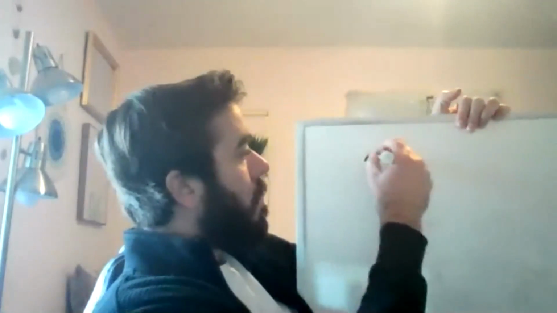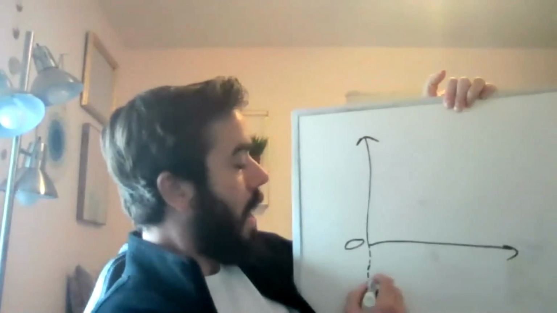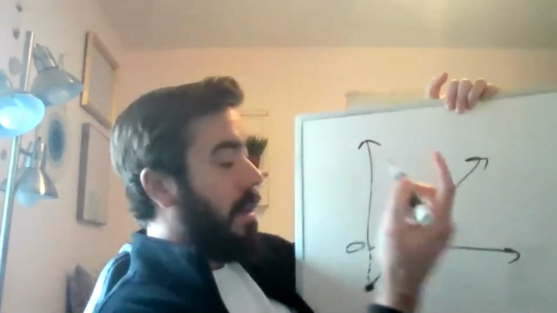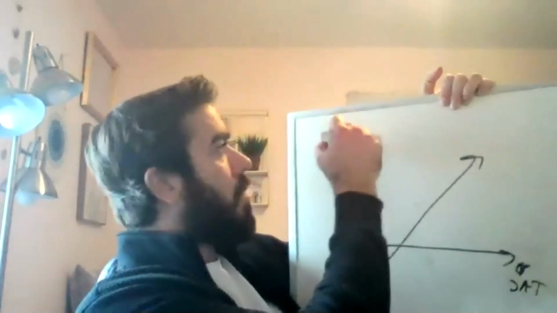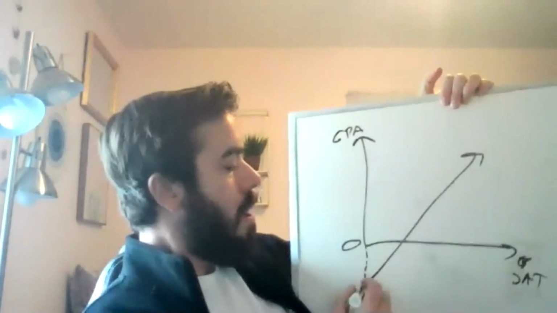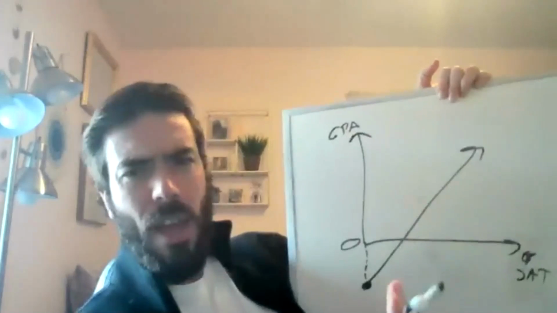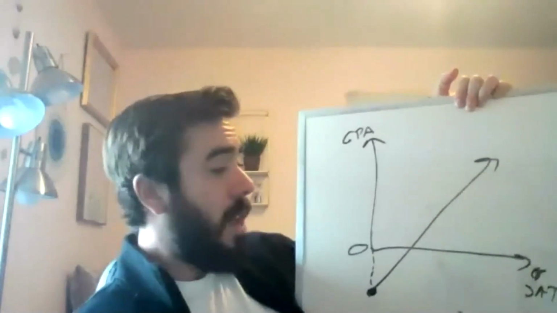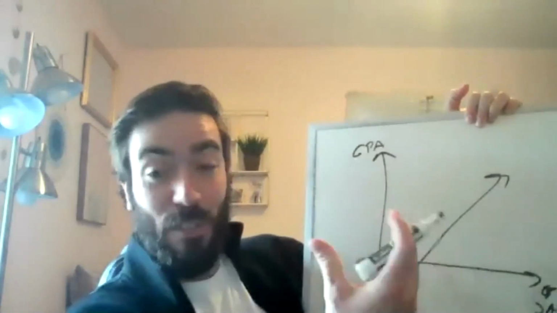But if we're just thinking about a relationship, and it could be between any 2 variables, it doesn't matter. It could be that the intercept is negative. Let's say we were trying to predict GPA from SAT scores. We would say if they have a 0 on the SAT score, the predicted GPA is negative. You can't have a negative GPA. Well, that's because you also don't see 0 SAT scores if someone actually sat down and took it.